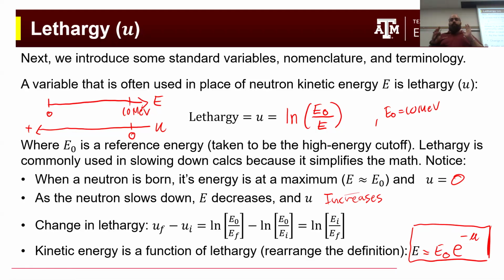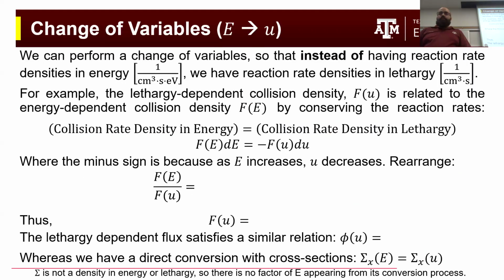And with this definition, you can take any of the quantities that we had already talked about, like any energy dependent quantities, and rewrite them in terms of lethargy instead of in terms of energy. That's the way you change variables to go from E to U, which is what I was going to show next.